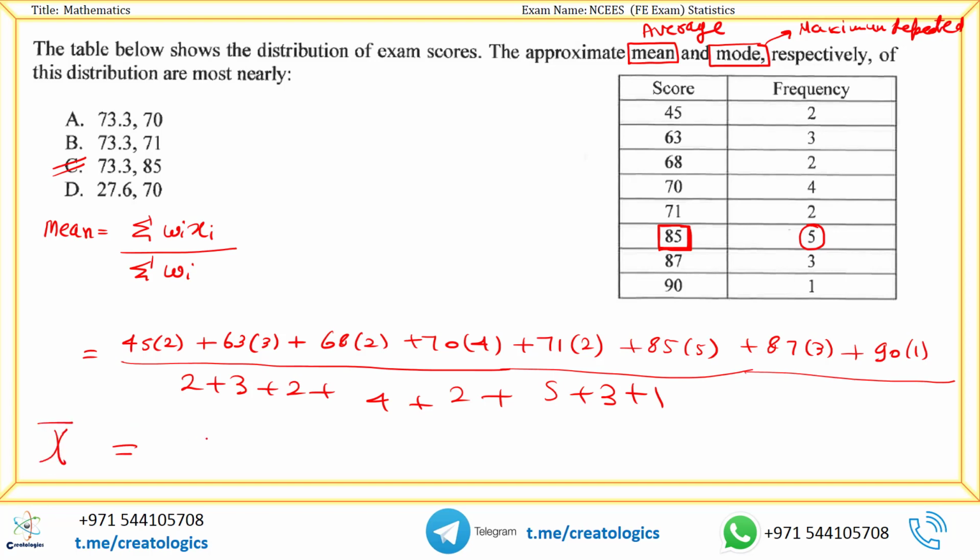X bar will be equal to 73.3 using the calculator. Okay, and you can see, yes, option C is the correct match for that accordingly.